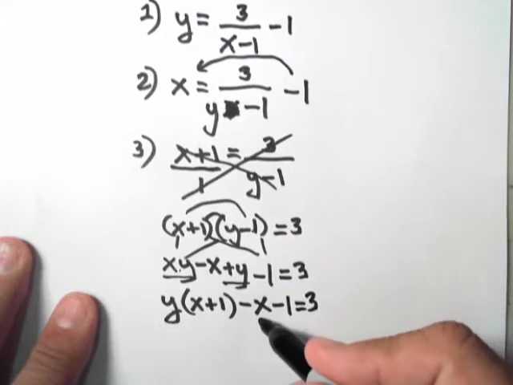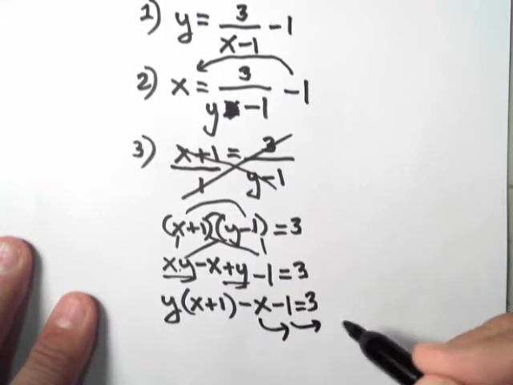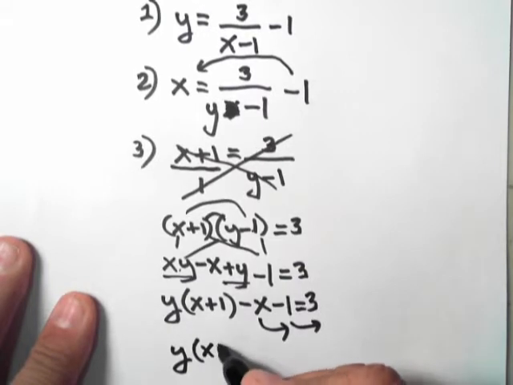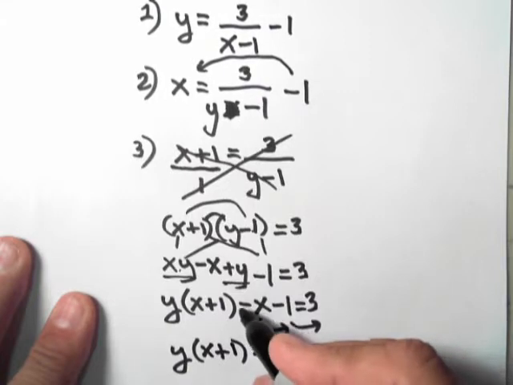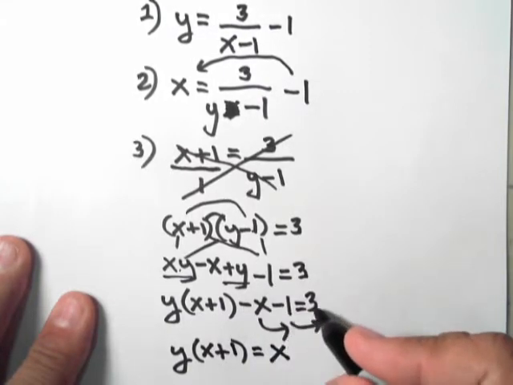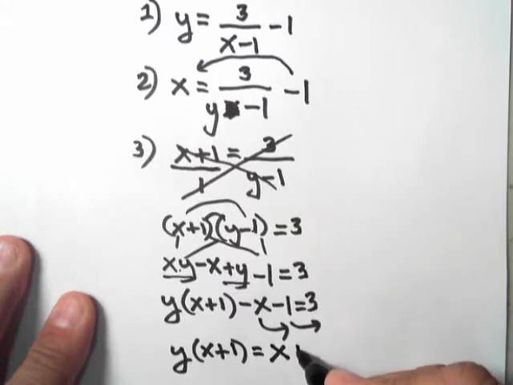Okay, let's jump these 2 guys over to this side. So I've got y times x plus 1 equals... Well, the negative x will go over as positive x. Negative 1 will go over as positive 1, so this is plus 4.